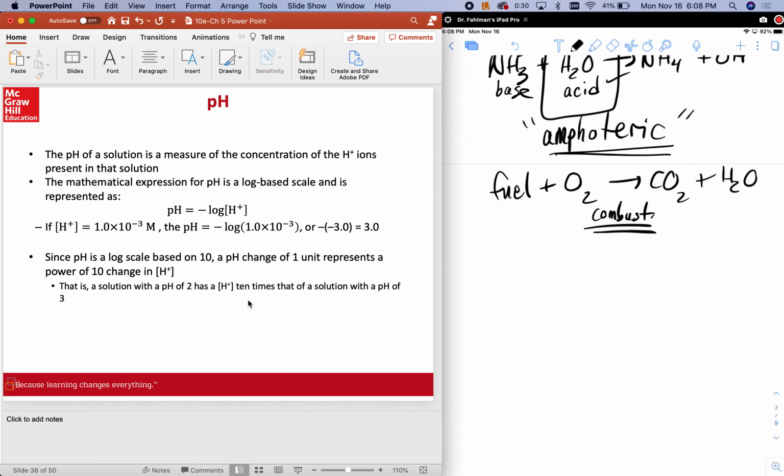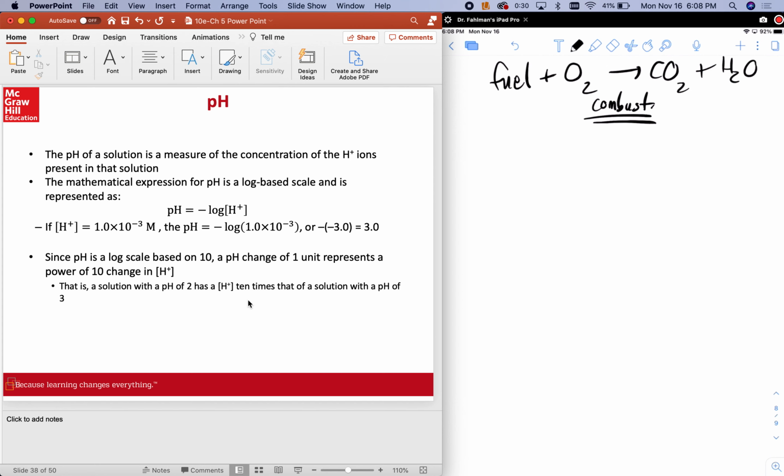All right, so pH is a way to mathematically determine how acidic or how basic a solution is. And this is the important equation. To calculate the pH, you take the negative log of the proton concentration. Let's say the proton concentration is 1 times 10 to the minus 3.